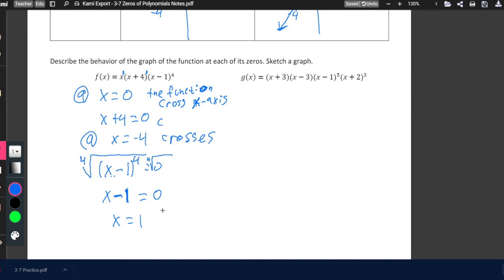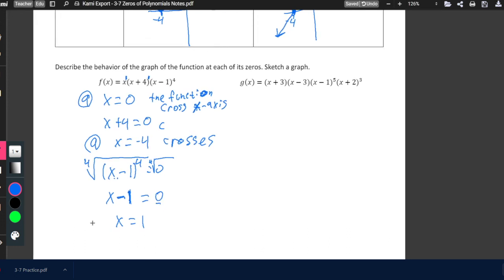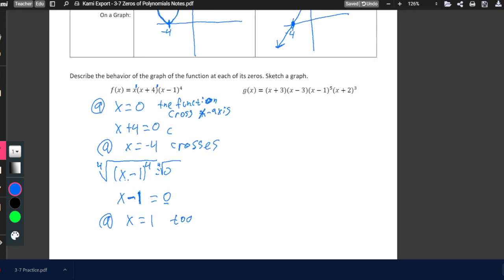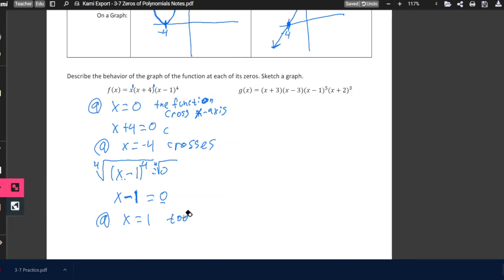That's even, so at x equals 1, it just touches the x-axis. For this last one, I'm going to have you guys help me.